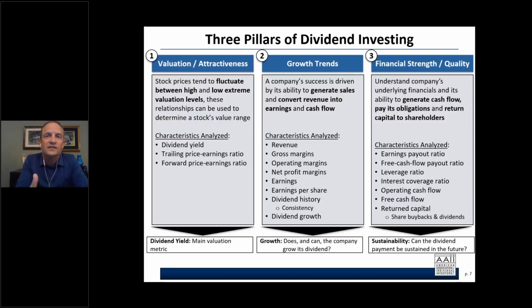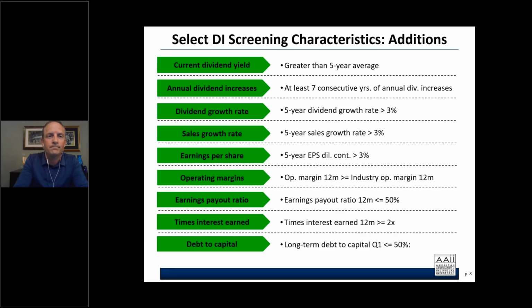So some of the characteristics that we look at: the earnings payout ratio, leverage ratios, free cash flow, and of course, how a company has returned capital to shareholders. So we look at share buybacks and we look at dividends. And we're really trying to answer the question, can the dividend payment be sustained in the future? So that's the framework that we use at a high level, the 3 pillars of dividend investing.